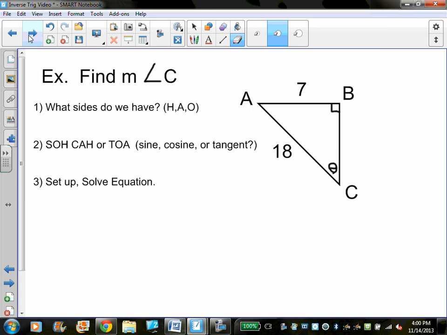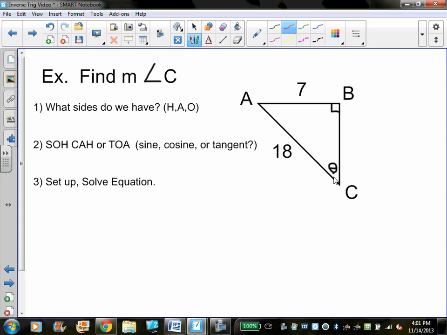So here's an example of a problem. Let's say that we were asked to find, this M stands for measure, the measure of angle C. So we want to know how big this theta is, how many degrees it is. We're going to start this problem the same way we start trig problems, by finding what sides we have for that angle.